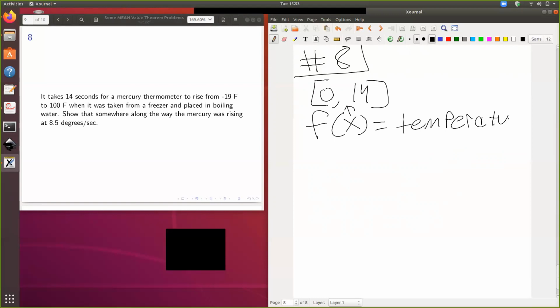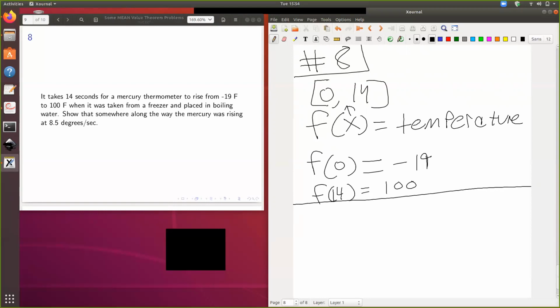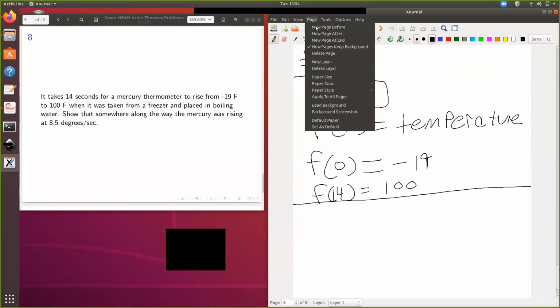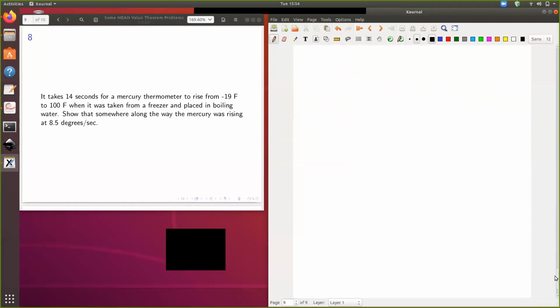We're not exactly sure what this temperature is, but we know that the function is continuous and differentiable on the closed and open interval respectively. So let's talk about endpoint values. We know that f of 0 equals -19, and f of 14 equals 100. These are enough ingredients for us to use the mean value theorem to figure out this problem.